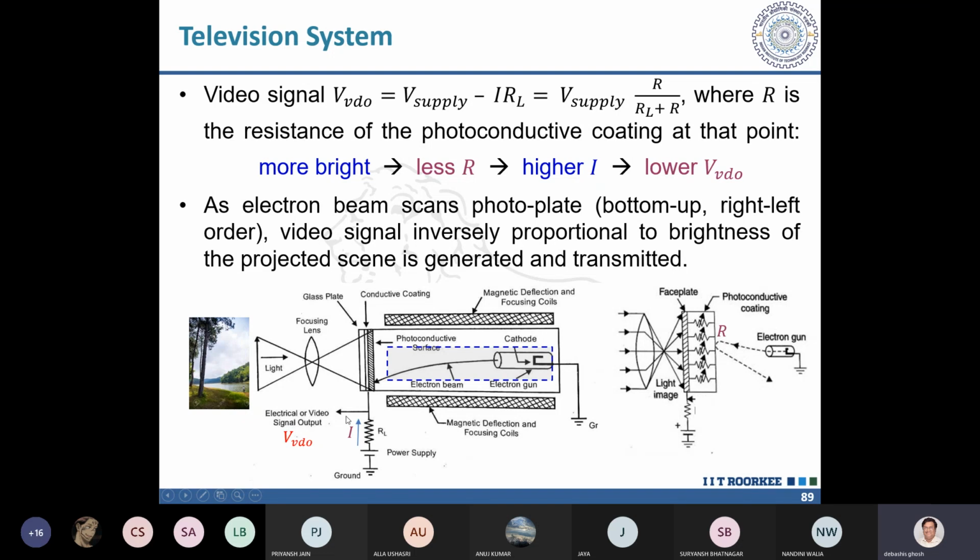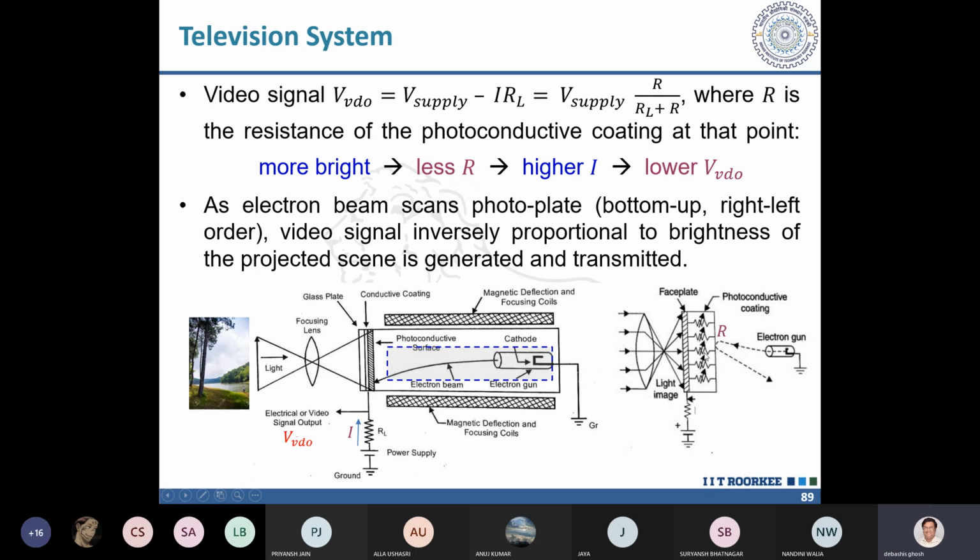The photoconductive plate is like this: you have a glass plate, and on the glass plate you have a conductive coating.